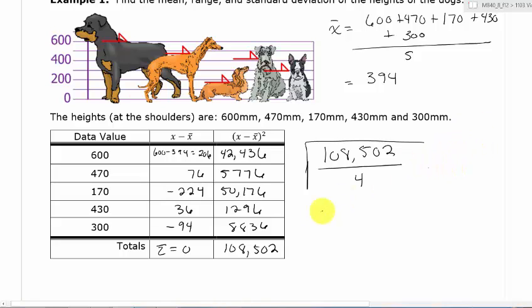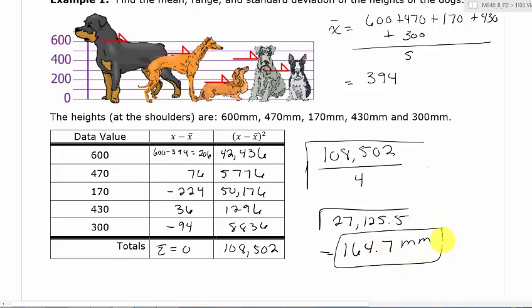Let's write this below. So the square root of 27,125.5, and the square root of that gives us 164.69, so that would round to 164.7 millimeters.